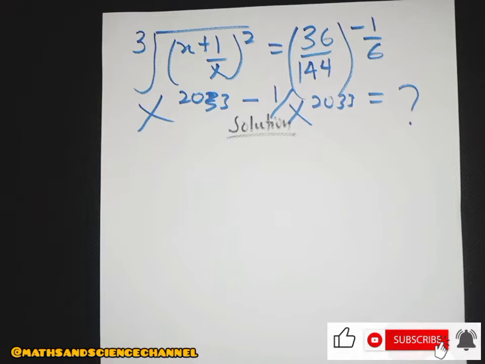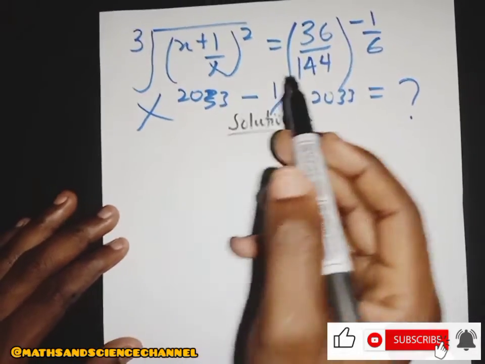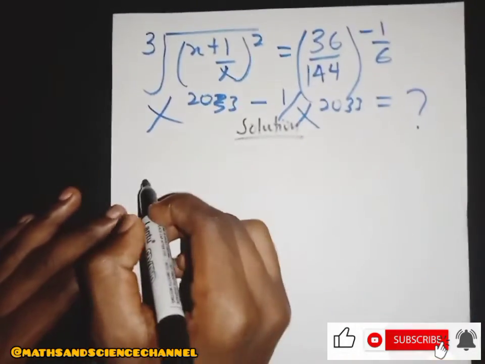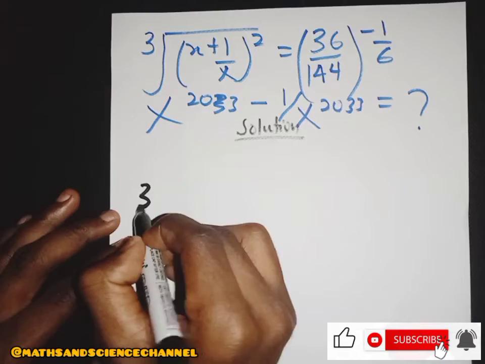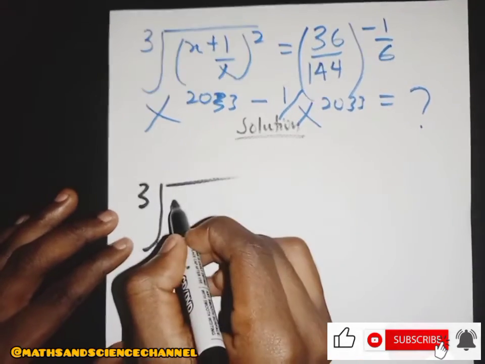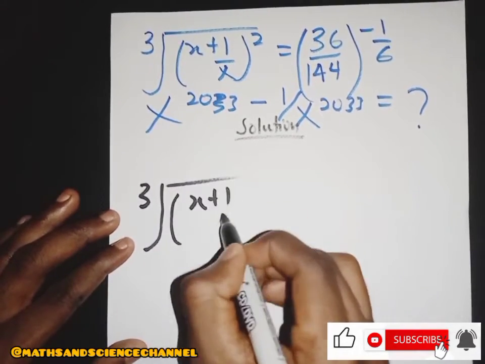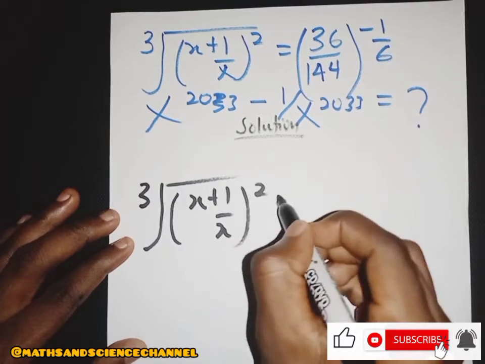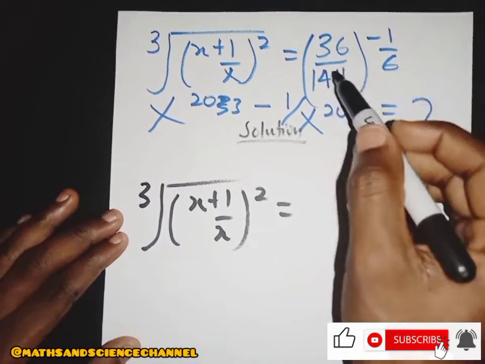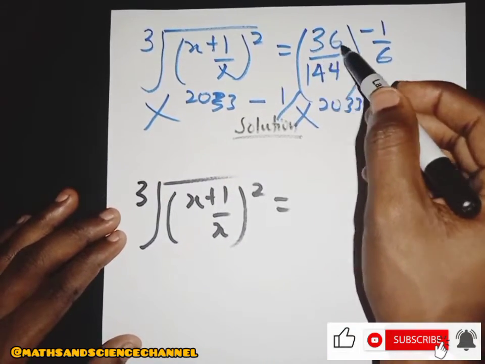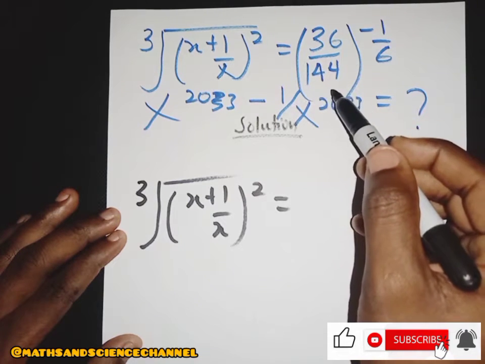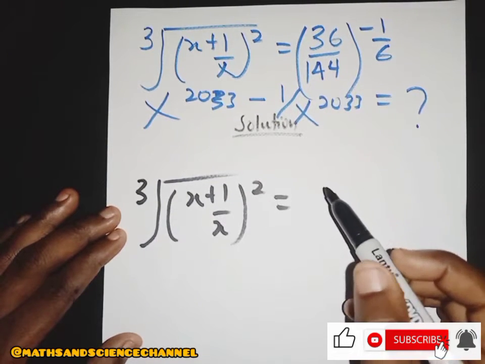In this case we are just going to use the top one just to solve for the second part, but then we are going to dwell more on the right hand side. So we have the cube root of x plus 1 over x, squared, being equal to 36 over 144.